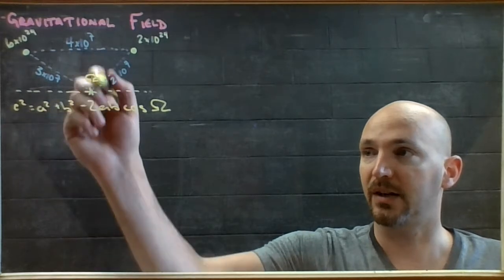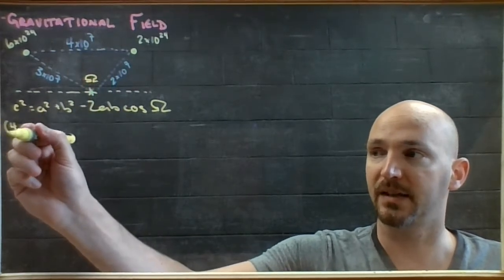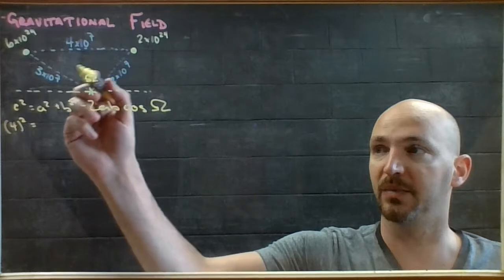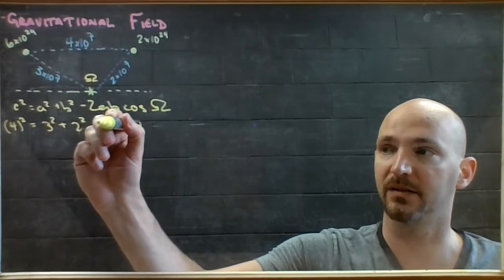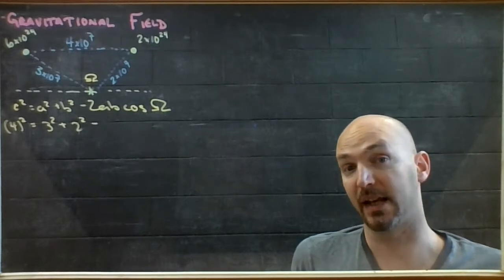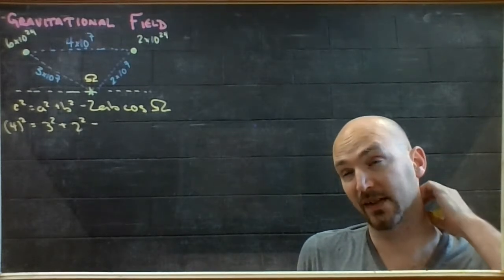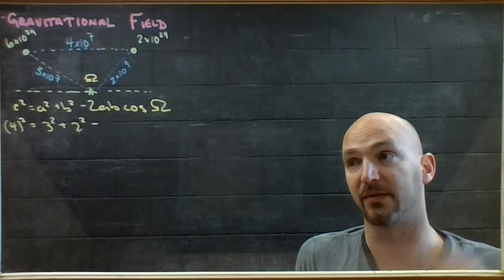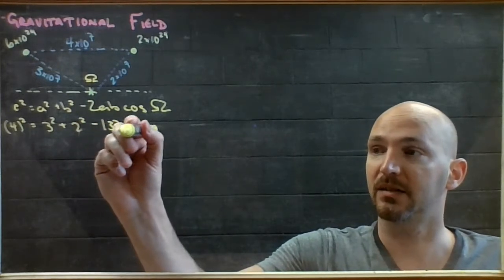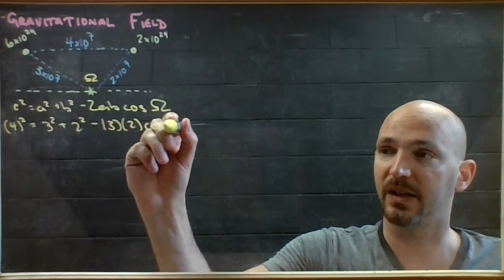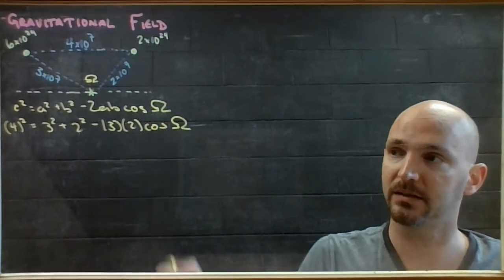So c squared is opposite, that's 4 times 10 to the 7. A would be this side, let's say, 3 squared. This side squared. I'm dropping the 10 to the 7s because they're all 10 to the 7, so my answer is just going to be 10 to the 7. I can save myself some heartache. Minus 3 times 2 cosine omega.